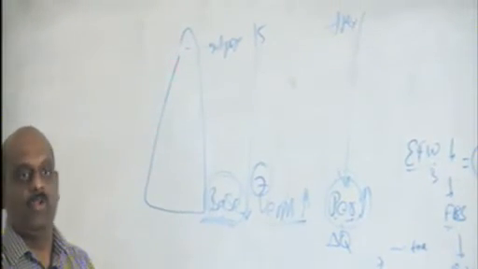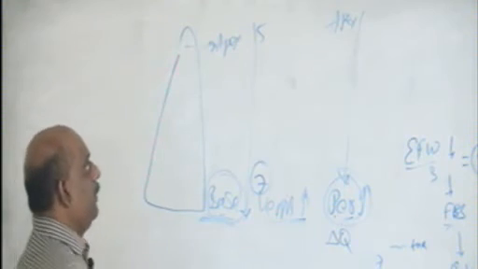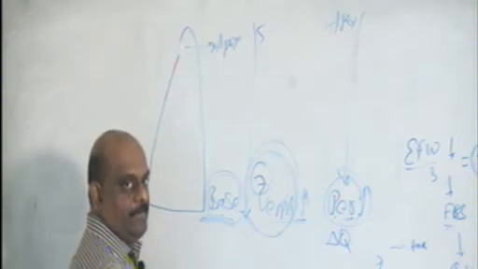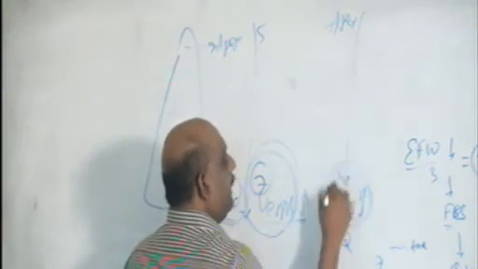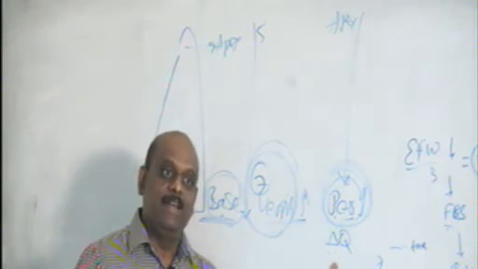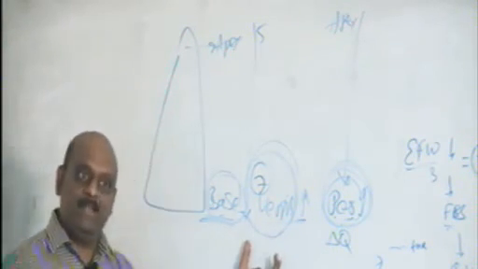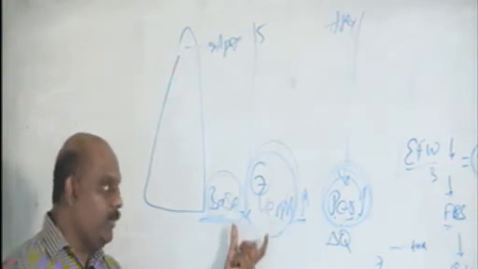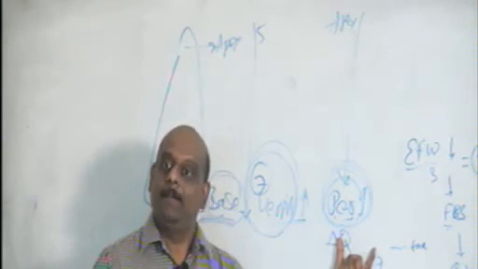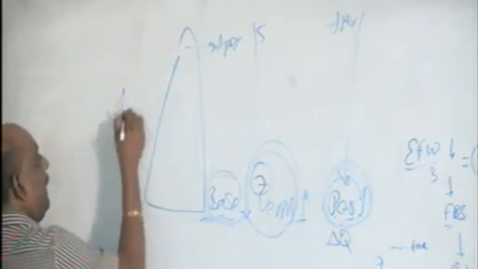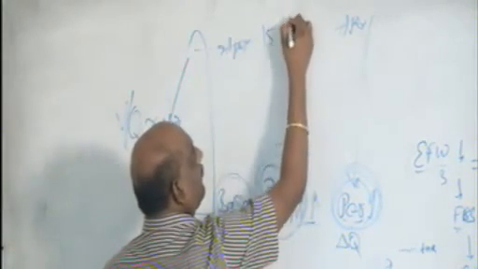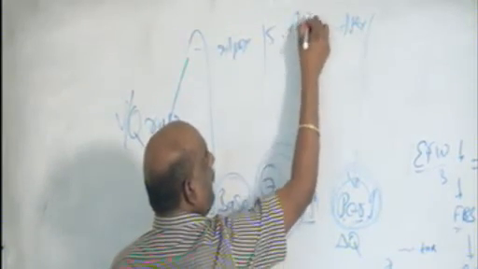Difference कितना है? 2 only. Because the increase in the ventilation is lesser than the increase in the perfusion. Perfusion also increased, but the amount of increase of ventilation is lesser than the amount of increase that happened in the perfusion, and hence if you take V by Q ratio, it is higher in the apex.